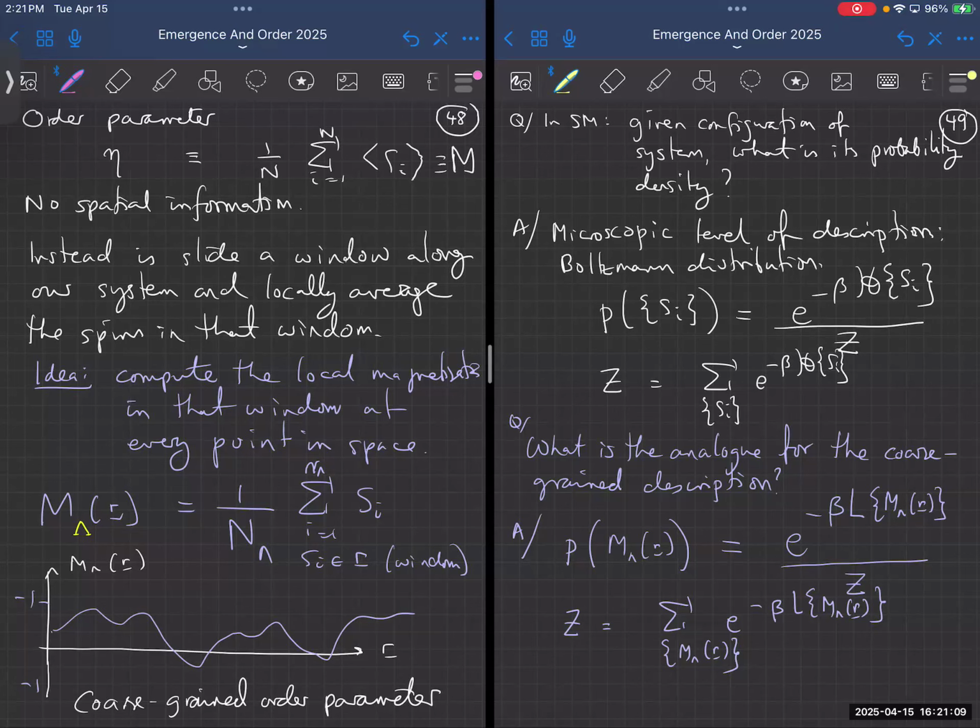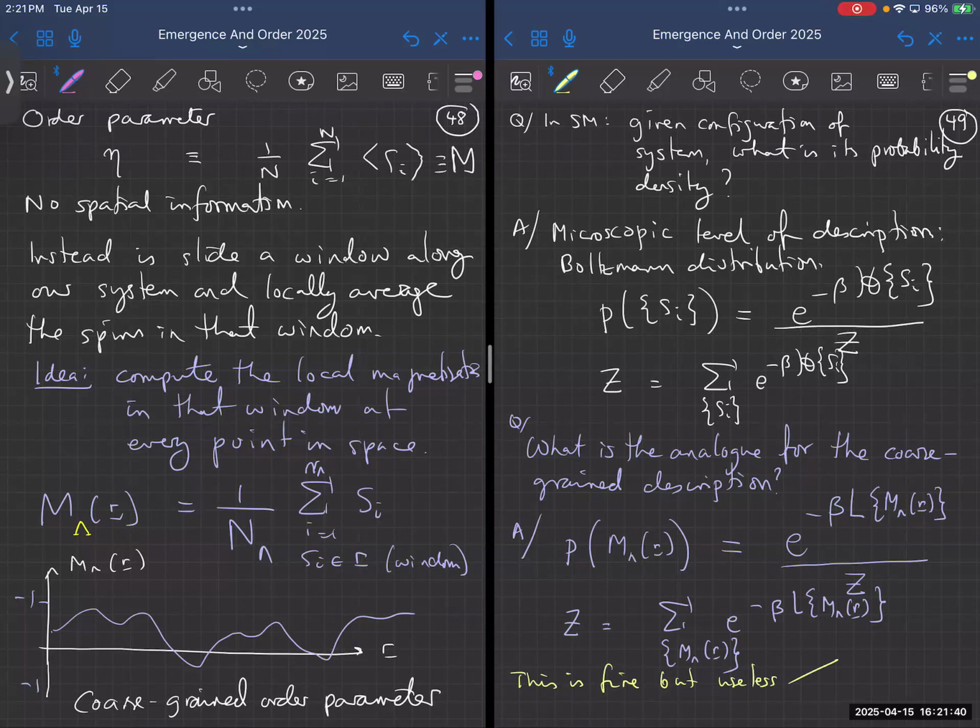But remember that when we derived the Boltzmann distribution, you didn't say what was special about the degrees of freedom or about the Hamiltonian. So the arguments you used to derive the Boltzmann distribution would also apply for any other level of description. So the answer has to be like this. And this is fine, but useless.